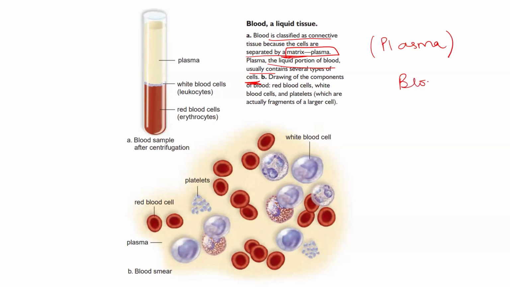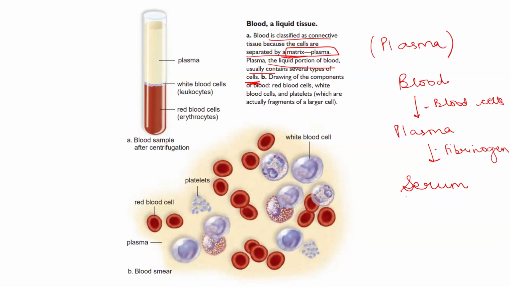Firstly, the whole blood. Then we have the liquid portion, plasma. Then we have serum. Blood minus blood cells is the plasma, and plasma minus fibrinogen, which helps in blood clotting, etc., is the serum.